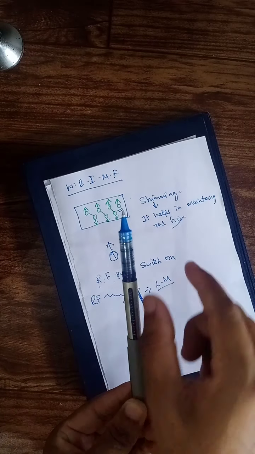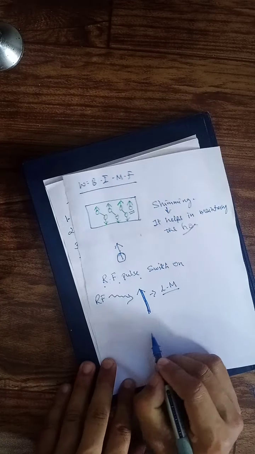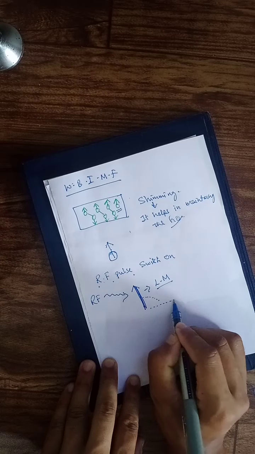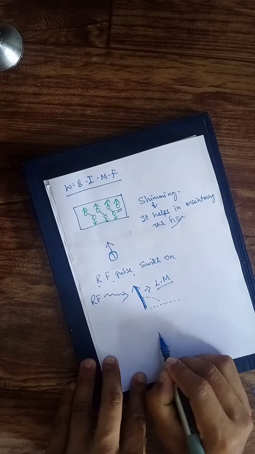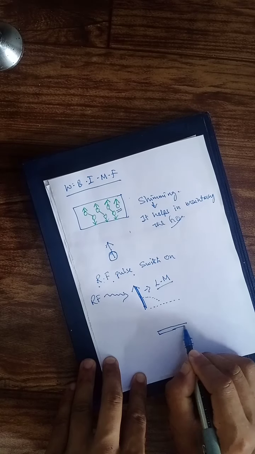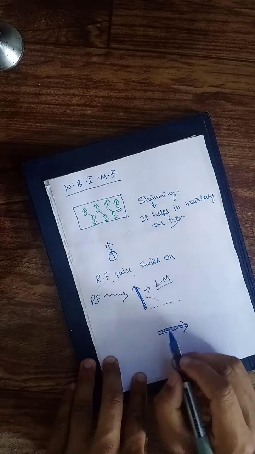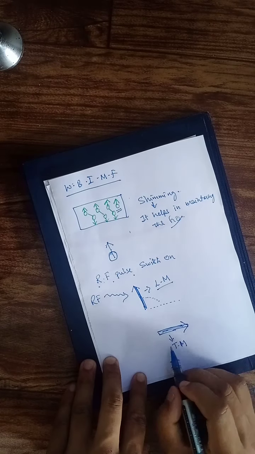Right now it's in perpendicular direction. The moment the RF pulse comes, it will flip, and it will go towards this direction. Separately I'll show this is what's gonna happen. Longitudinal magnetization, and this is known as transverse magnetization, TM.